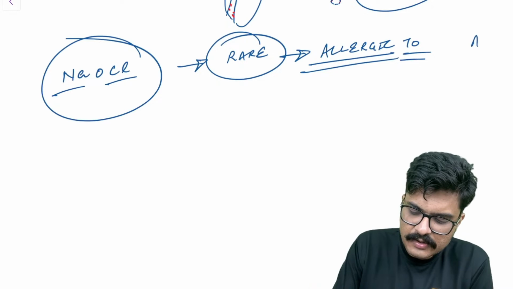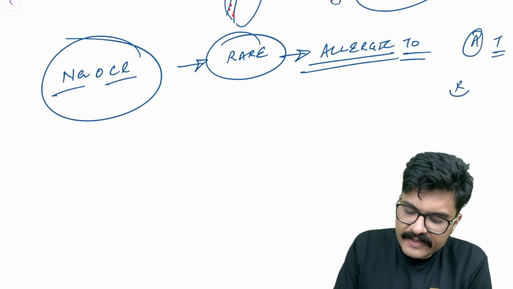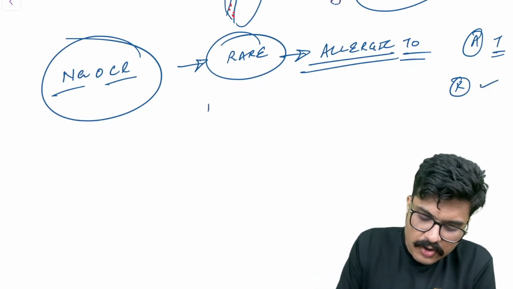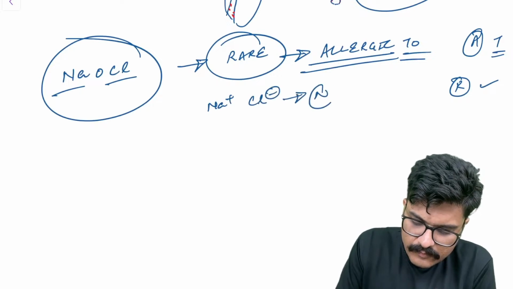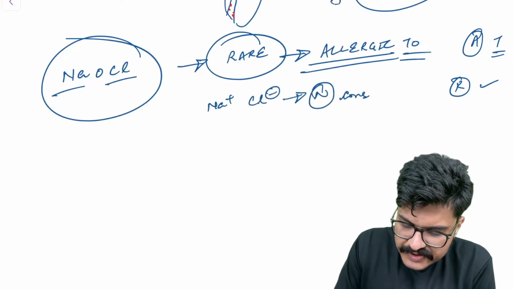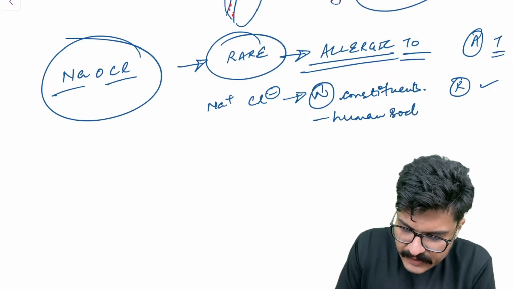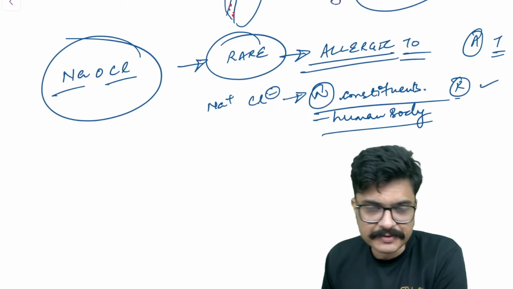Of course, that assertion is true. The correct reason is that sodium and chlorine are normal constituents of the human body. So obviously, it's very rare to have an allergy to sodium hypochlorite solution.